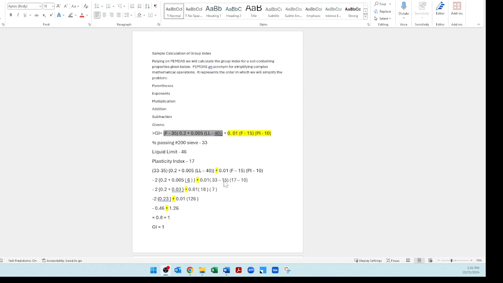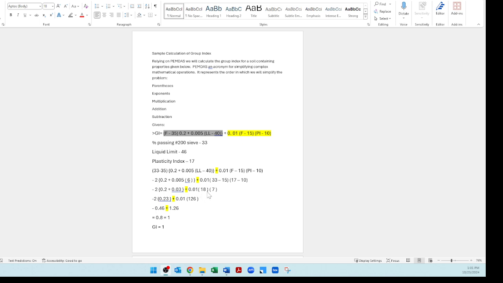What's 33 minus 15? That's 18. Right there it is. What is 17 minus 10? That's 7 right there. So what is 0.01 times 18 times 7? See, that's PEMDAS. We're back to the parentheses.